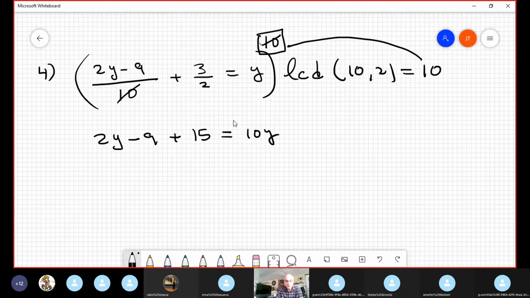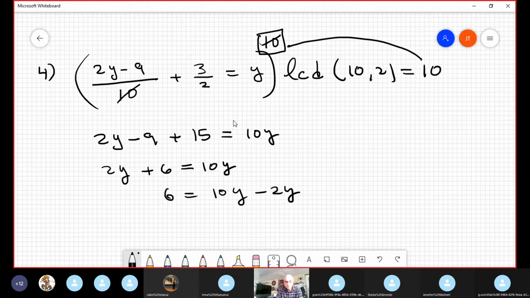Let me try. We combine like terms: 15 minus 9 is 6. Now I move 2y to the right-hand side. We combine, it's 8y, and finally divide by 8 both sides.